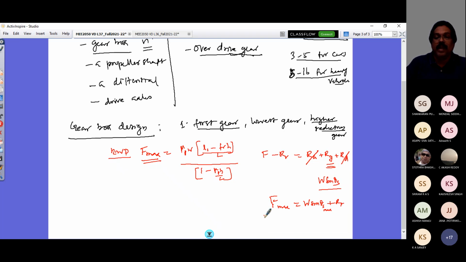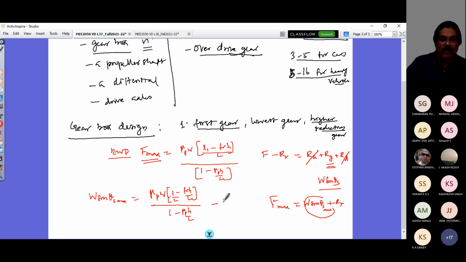So W sin θs max would be provided by μp W (L1 − f_r h)/L divided by (1 − μp h/L), minus RR, minus f_r W. So you have to look at it this way.